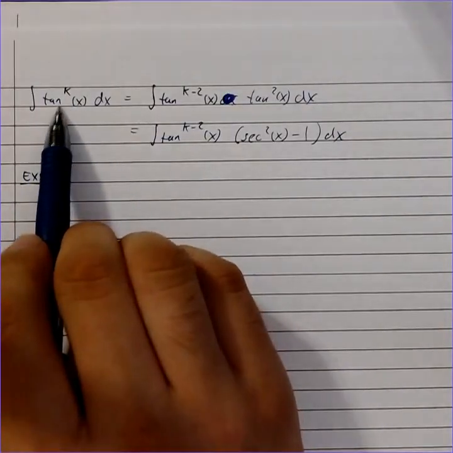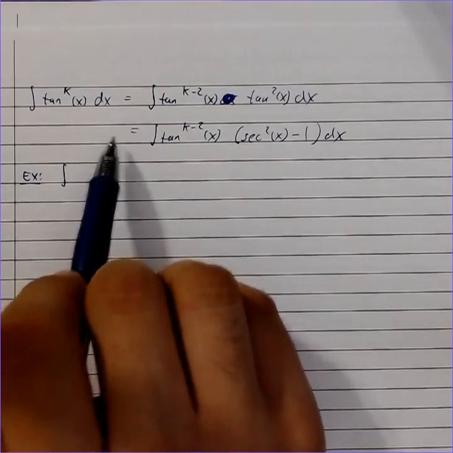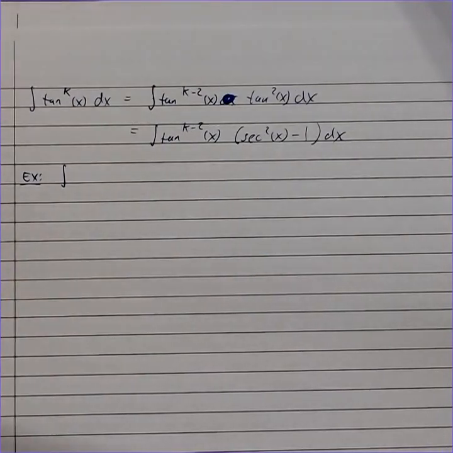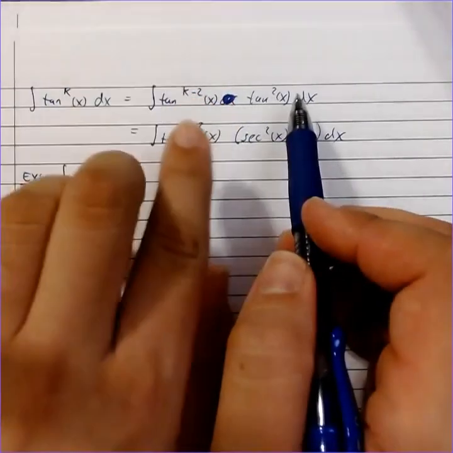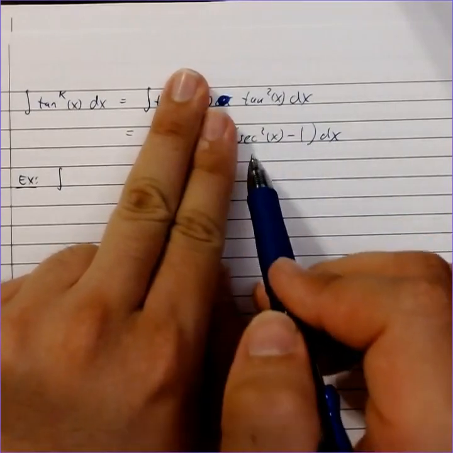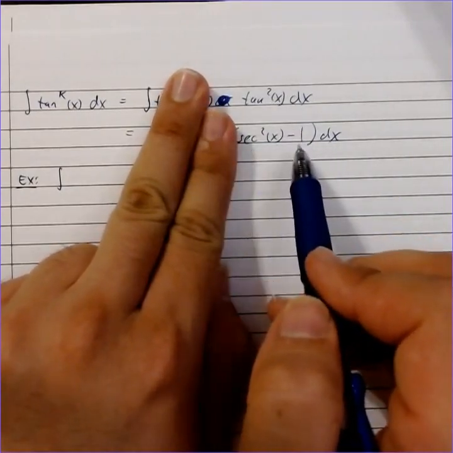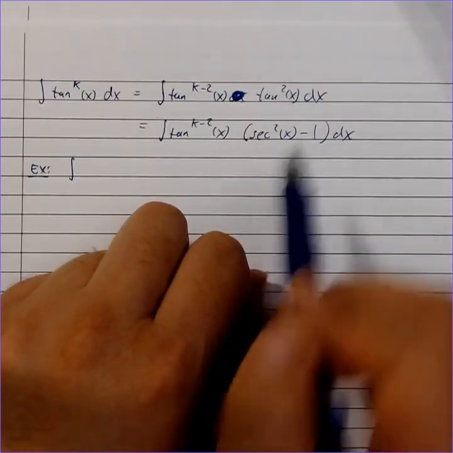Incidentally, if this is tangent to the first power of x, you wouldn't do this because you already know the integral of the tangent of x. And if this were tangent squared of x, you'd convert it to the integral of secant squared of x minus 1, and you know how to do those. You know how to find the integral of secant squared of x and the integral of 1.